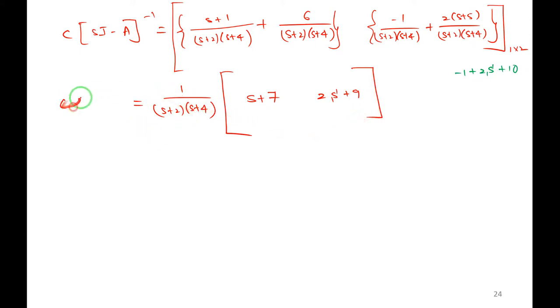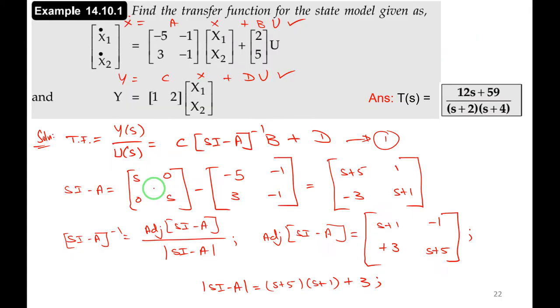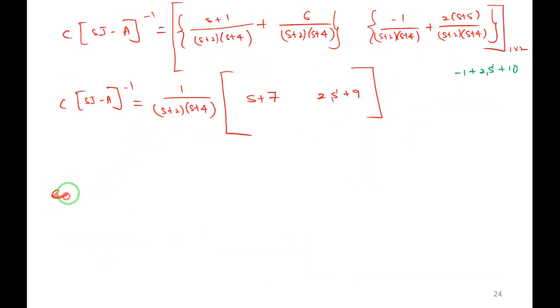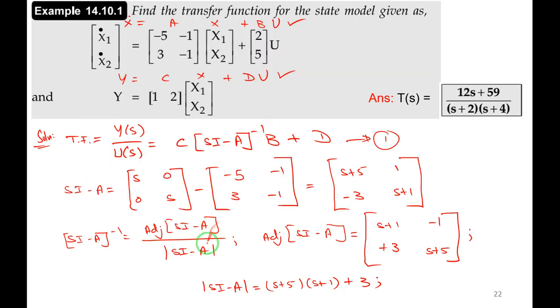Okay, this is C into (sI minus A) inverse. It is better that I could have done C into B first, because C and B, it is very easy, right? C into B, then I could have taken it with this. Okay, anyhow, I have done it. You do it whichever way you want. C into (sI minus A) inverse into B.